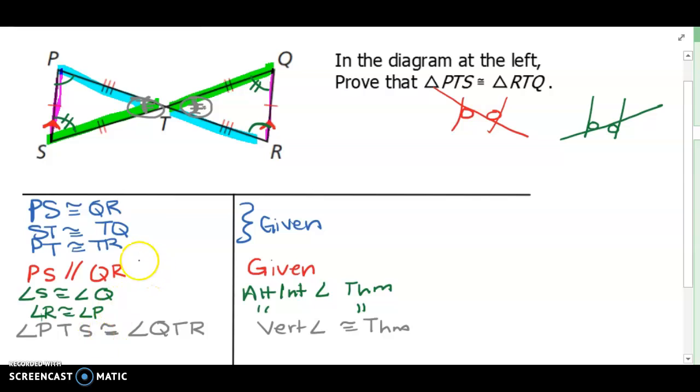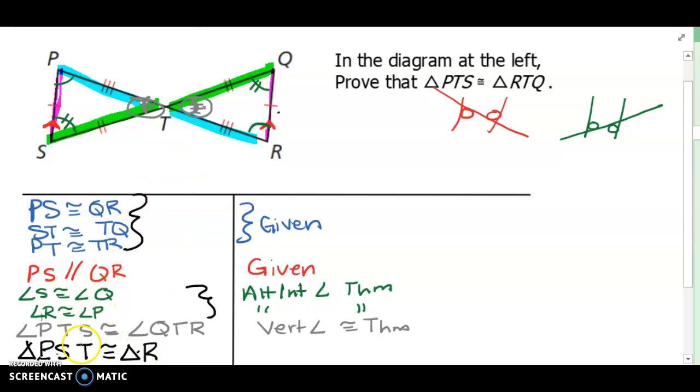Okay, so now I've shown that all three sides are congruent. I've shown that all three angles are congruent. So I can say that the triangles are congruent. So the order of the first one does not matter. Let's just say PST. Okay, but the order of the second has to match the first. So what angle of this triangle corresponds to P? Angle R does, because P and R are congruent.